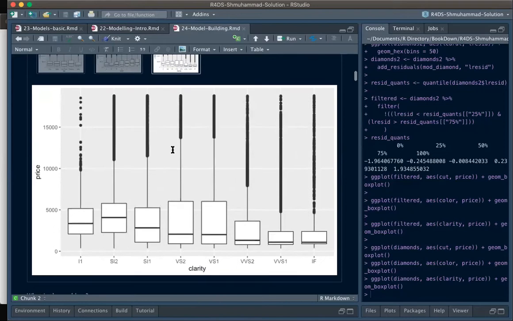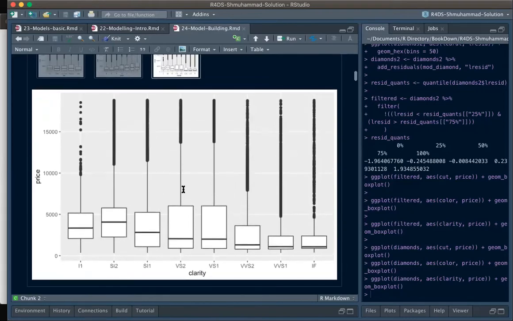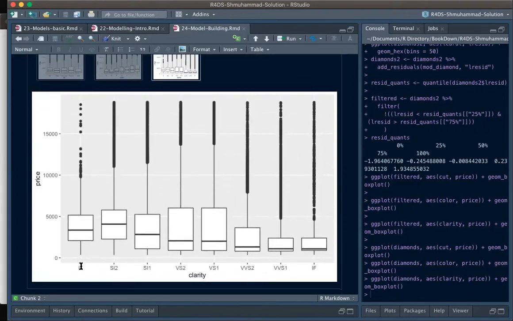And last but not least, if we look at this one, the clarity. We can see that the clarity decreases. This is the decreasing clarity, this is the worst clarity, the one that is not well clear. And we can see that the price is going in this way. This is I1, the one with the worst clarity.